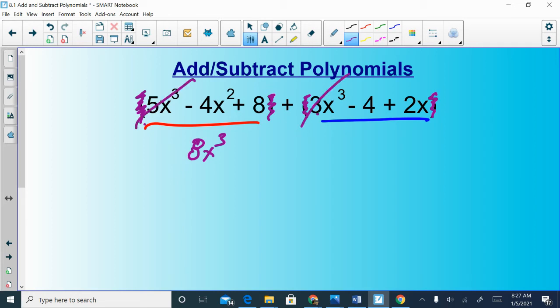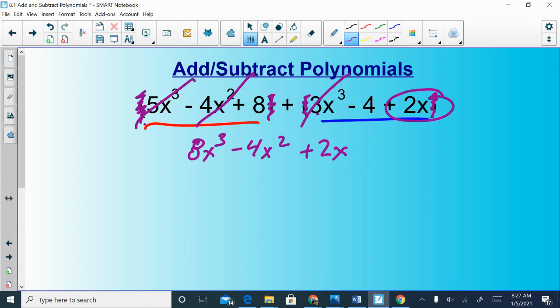Up next, after x to the third would be x squared, and this one doesn't have any partners. We don't have anything to add with negative 4x squared. So it's just going to be negative 4x squared here. Up next would be plain x, with no exponent, sorry. That's just going to be plus 2x. And then we would add the things without a variable.